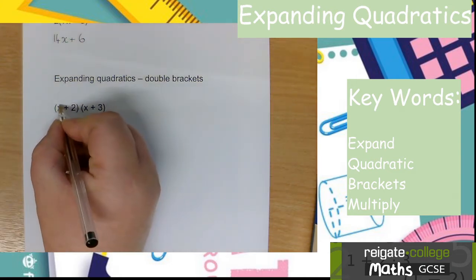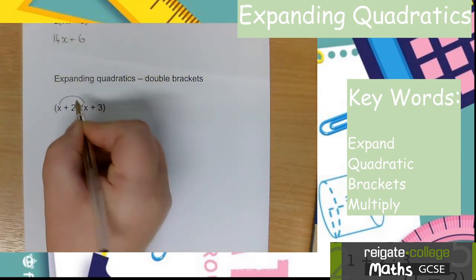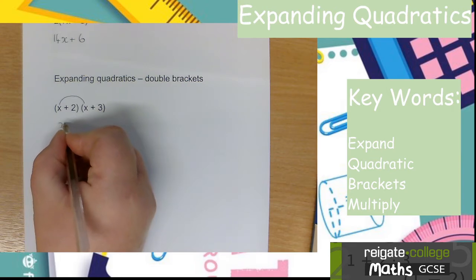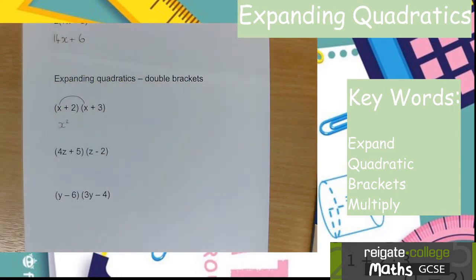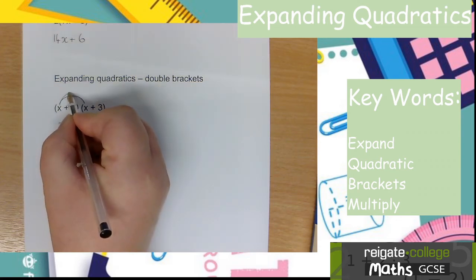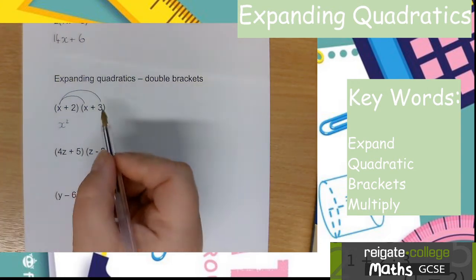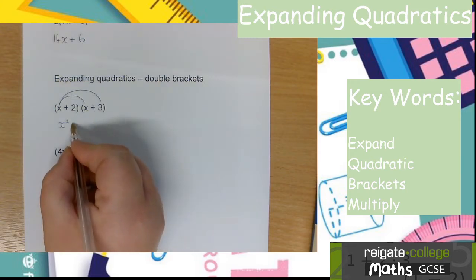So first of all, that line indicates I'm going to multiply x by x. That's where I get my x squared from. I'm now going to multiply that x by the 3 in the second bracket. X multiplied by 3 gives me 3x. They're both positive.